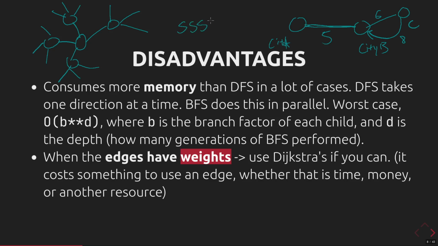Mainly when you think about BFS, you're thinking about single source shortest path, meaning that you are starting at a particular node and you want to find what is the cheapest or what is the quickest or what is the fastest way to get from a particular node to a destination.